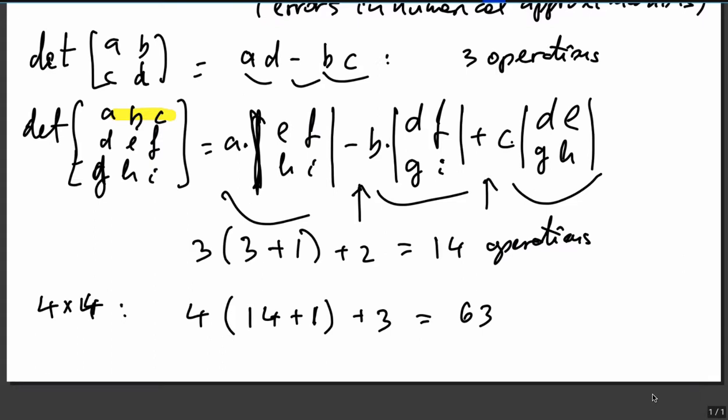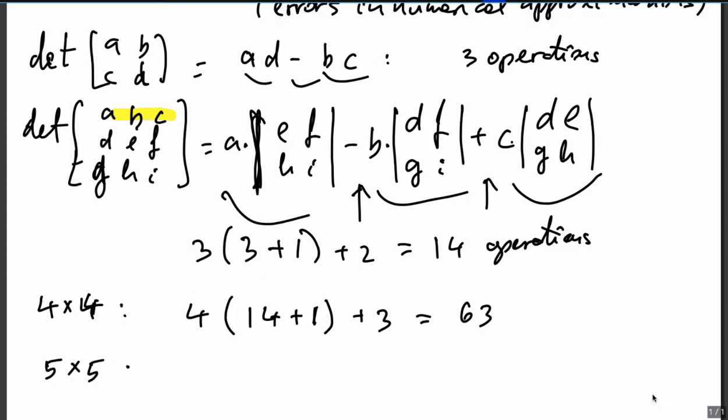If you try to calculate the number of operations for 5x5, you see that we have then 5 submatrices. Each of them will take 63 operations to calculate. Then each of these subdeterminants has to be multiplied by its coefficient, and then plus 4 additions or subtractions. So this is 64 times 5, that's already 324. So this increases quite fast.